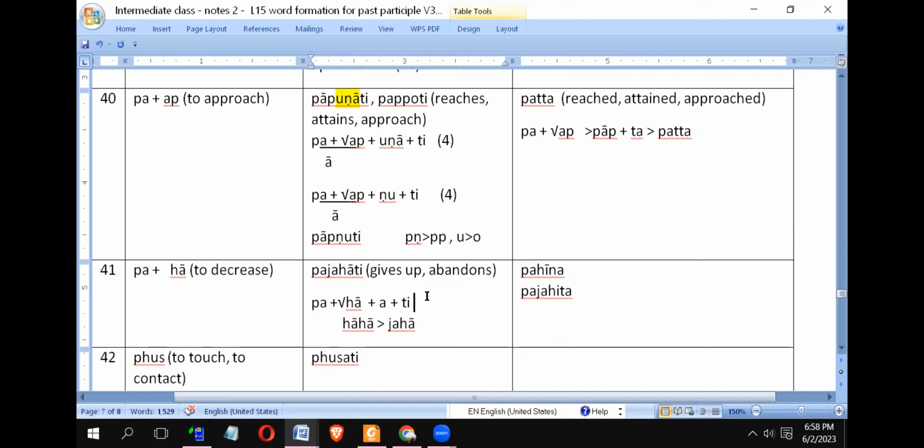But have you checked which group this ha belongs to? You all got the book, right? So look at the ha, which conjugation sign is it? I don't have the book. What happened to all your books? You don't print it out?